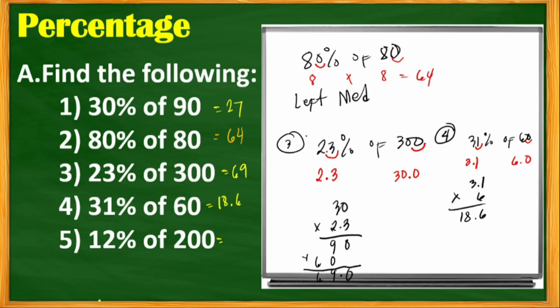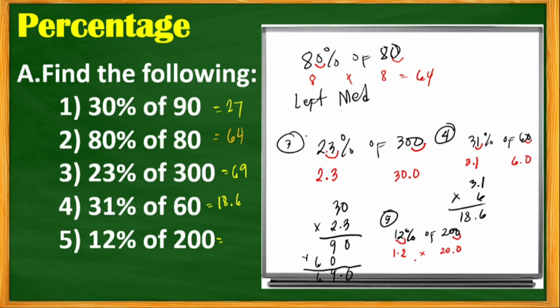Then for number 5, the last number, that's very easy. Number 5, 12% of 200. You just move the decimal point of 12% and 200 1 place to the left. This would be 1.2. And then 1 place to the left. Also, this would be 20.0.